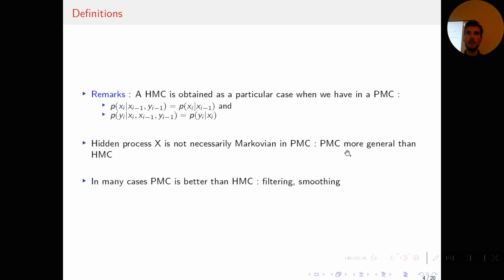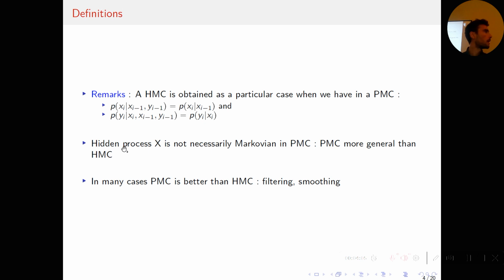So let's make some remarks. The first one is that HMC is a particular case of PMC, so we can have HMC, having these equalities confirmed in the case of PMC. One of the most important things to remember in this presentation is that X in a PMC is not necessarily Markovian.